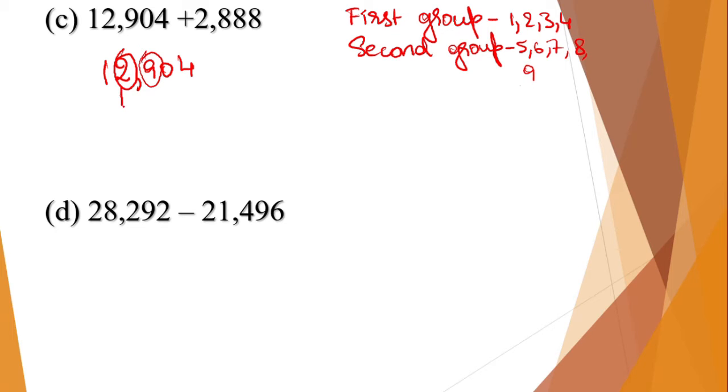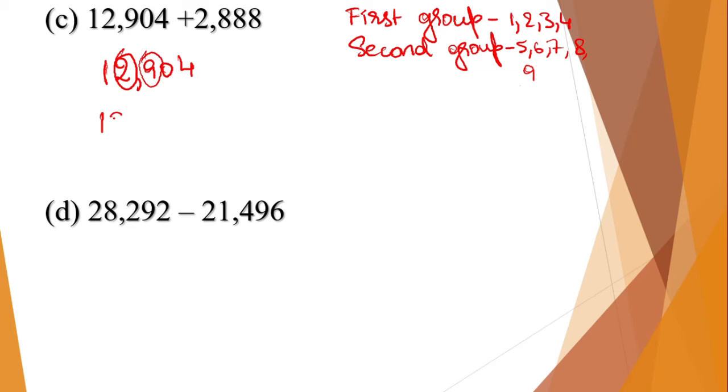And if the number is in second group, we should add 1 to 2, which is the first circle digit. So 2 plus 1 is 3. So 1 will be as it is because it's in the left side of 2. So the numbers which are left side of the first circle digit will be as it is. But 9 was in the second group. So we added 1 to 2, right?